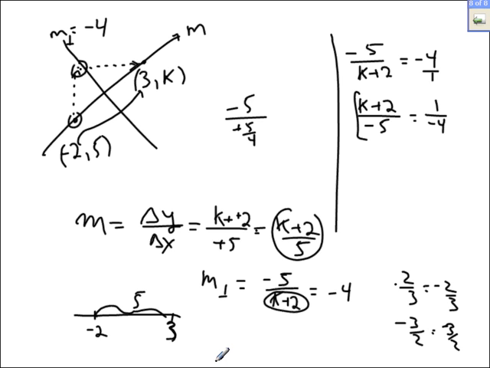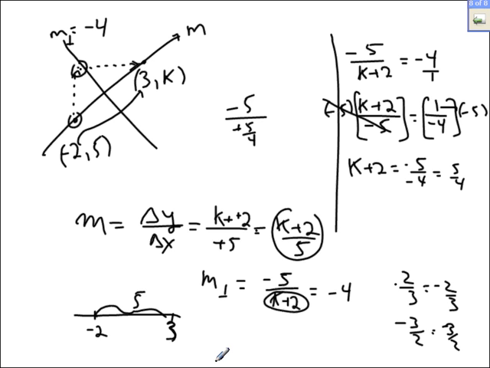And I will multiply both sides by negative 5. So I have k plus 2 is 5 over 4. 1 times negative 5 is negative 5 over negative 4, just 5 over 4. Take away 2 on the left side, you get k.